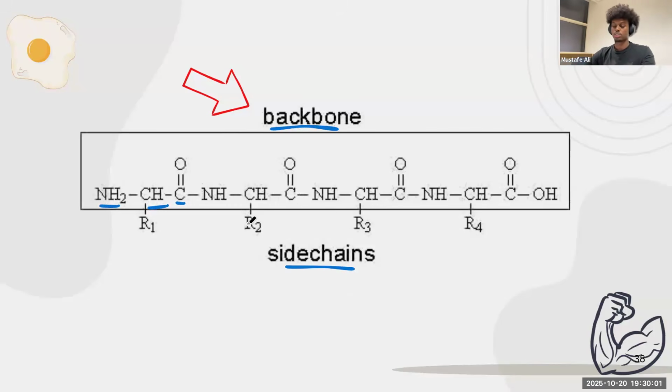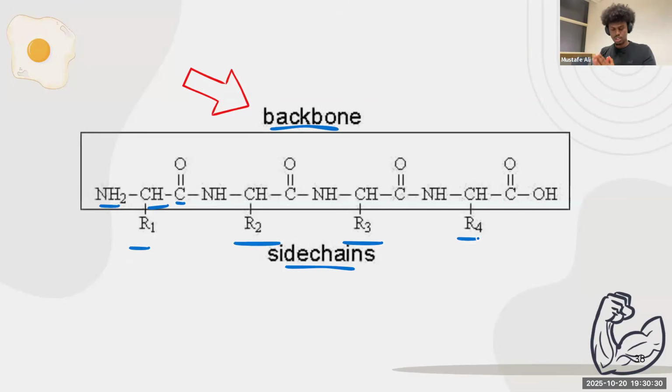The side chain consists of the R groups of the amino acids, whilst the polypeptide backbone is literally everything else: the amine group, the carboxyl group, the central carbon, the hydrogen.